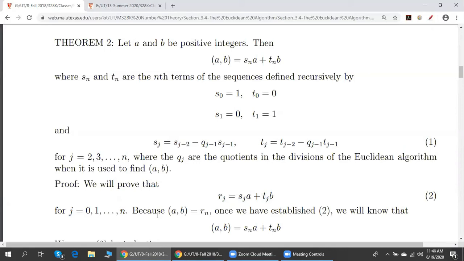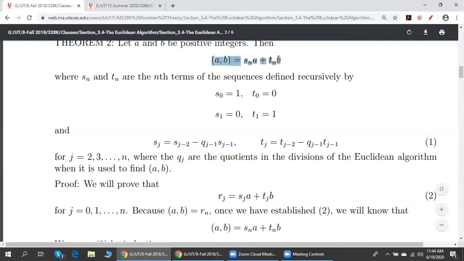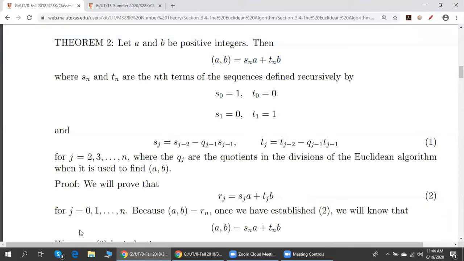In other words, if we prove this, what is written here will follow immediately as a particular case when j is equal to n. So here we prove even a stronger result.